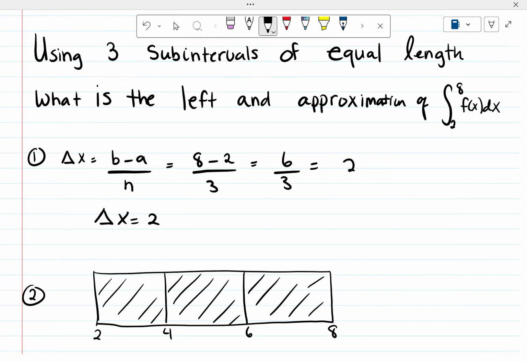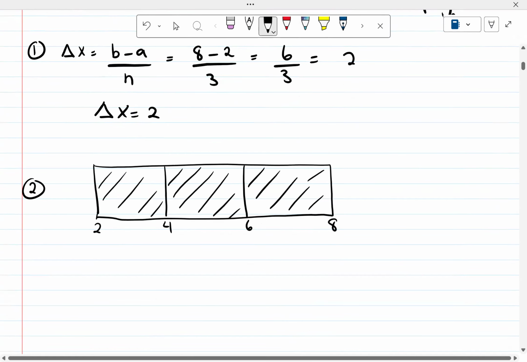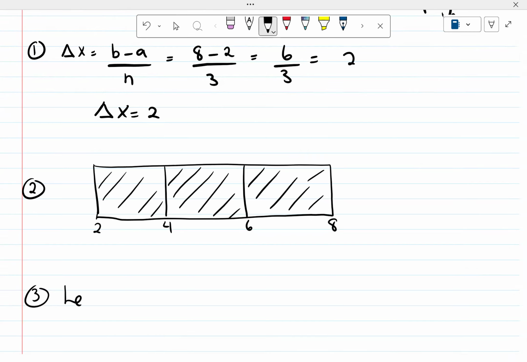If we're doing the left side, how would that work? Step three, we're going to do the left-hand side.